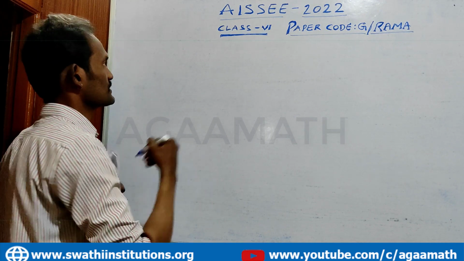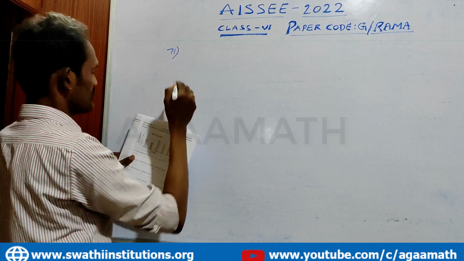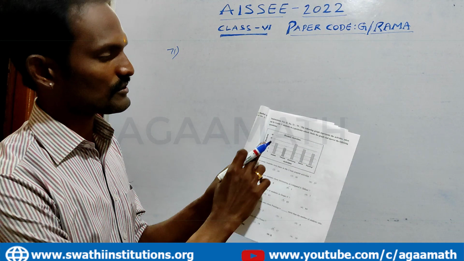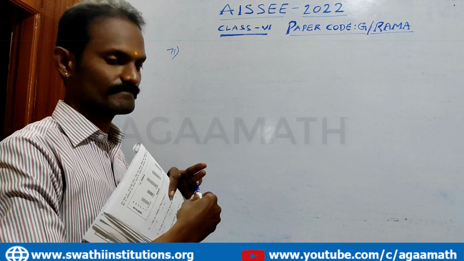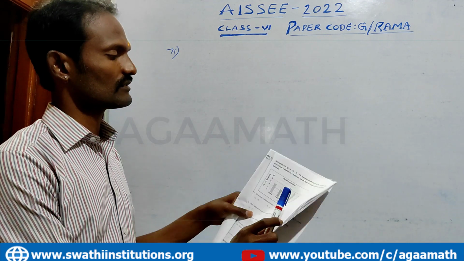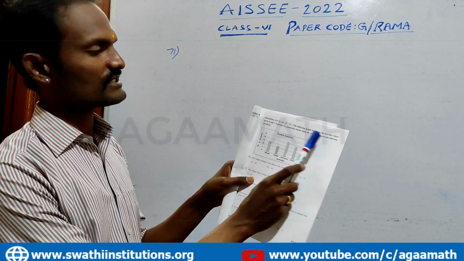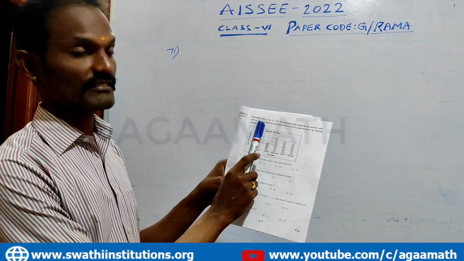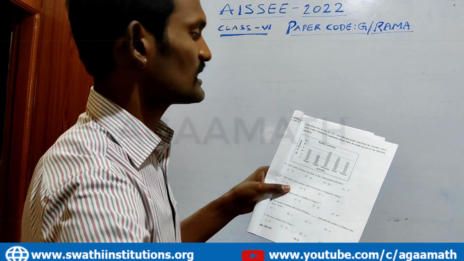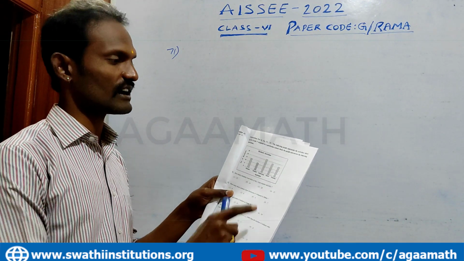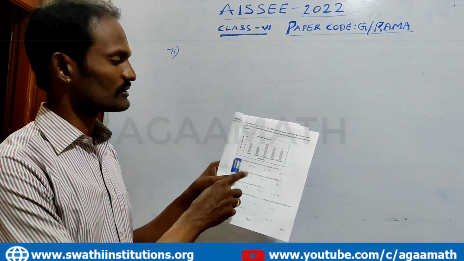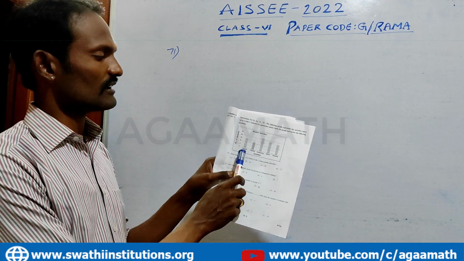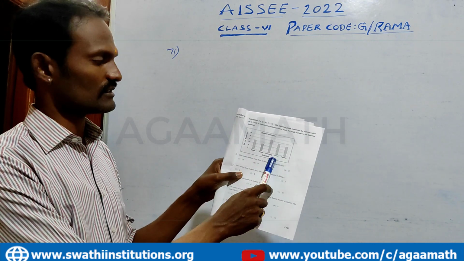Yeah, question number 71. Instructions are given: the following graph represents the activities taken by grade 5 students in a particular school. Study the graph and answer the following questions. Observe the graph and try to understand it.